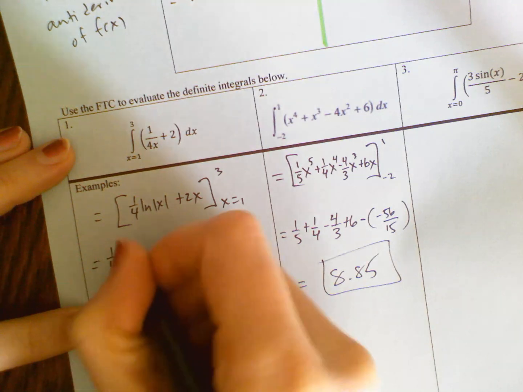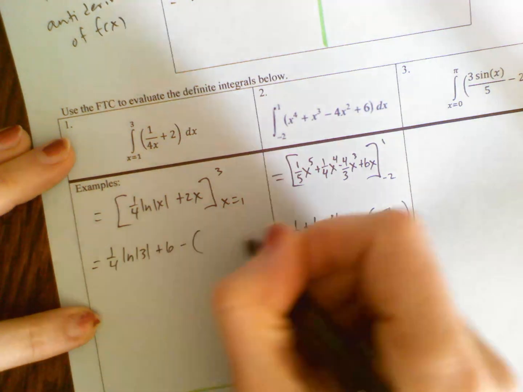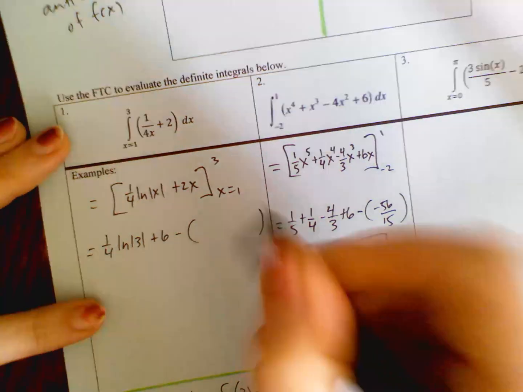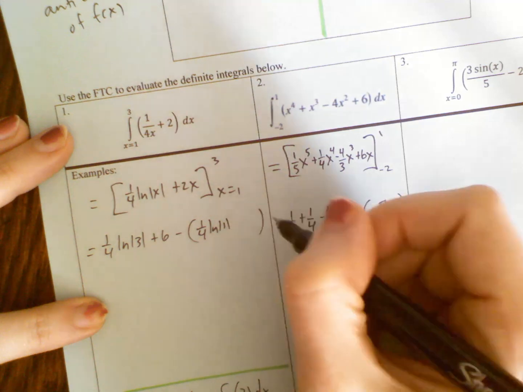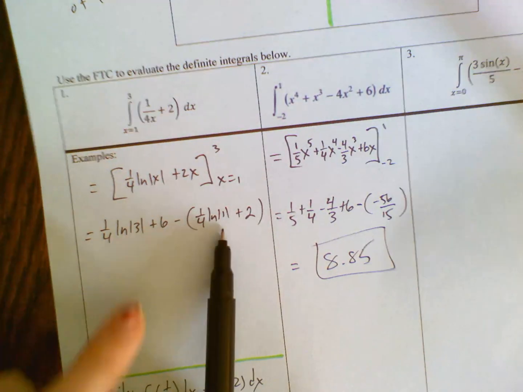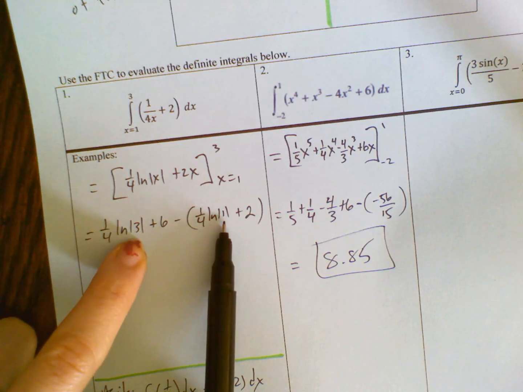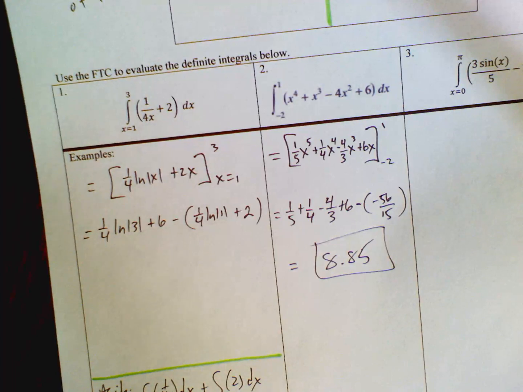Then I plug in 3. This is a 4th natural log absolute value of 3 plus 6, minus, then I plug in 1, a 4th natural log absolute value of 1 plus 2. Just to point something out, I don't actually need the absolute values because 3 and 1 are positive anyway, but I'll just leave them there.